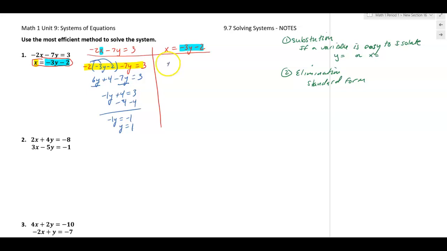Once I know the value of y, x is equal to negative 3 times 1 minus 2. That would give me negative 3 minus 2, which is negative 5. Here, I do have a solution, and that solution would be the ordered pair negative 5, 1.